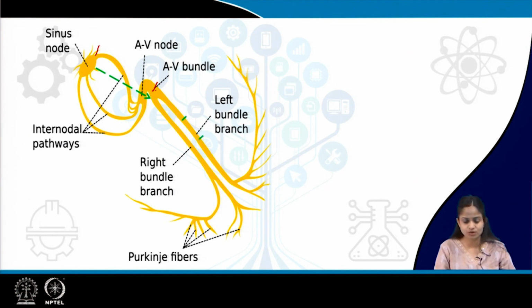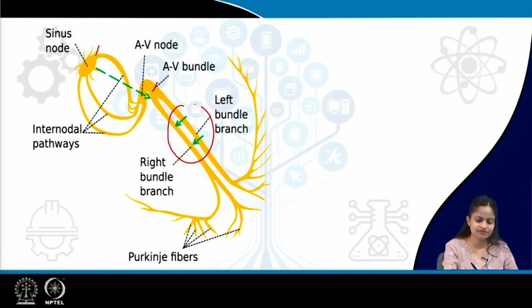At the level of the AV node, there is an AV nodal delay of 100 milliseconds. Then moving to the His bundle, at the level of the His bundle it divides into the right bundle branch and left bundle branch. At the interventricular septum, there will be fast septal depolarization.